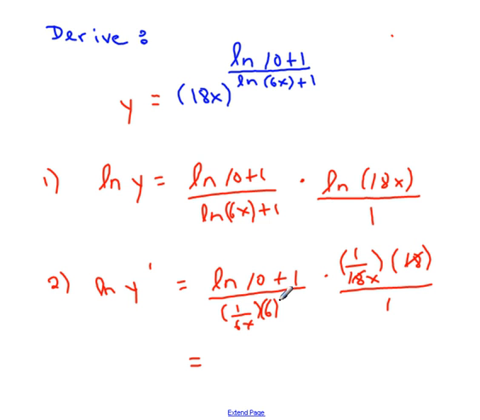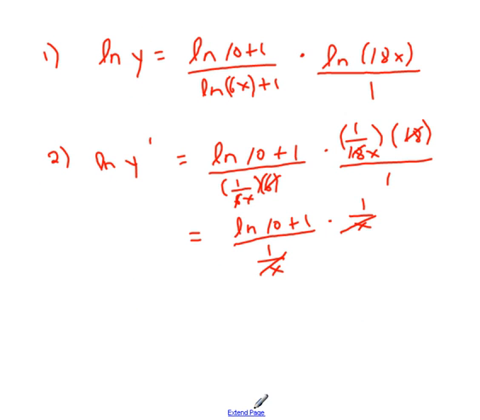This will cancel with that. This 6 will cancel with that 6. You will be left with ln 10 plus 1, times 1 over x multiplied by x, over 1, but you don't have to put it. What happens here? Cancel. Cancel. So what are you left with?